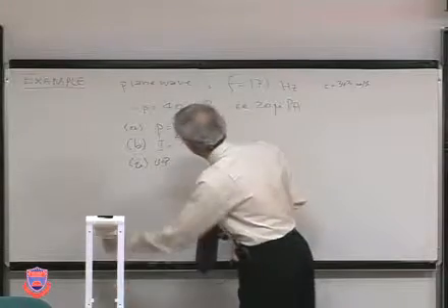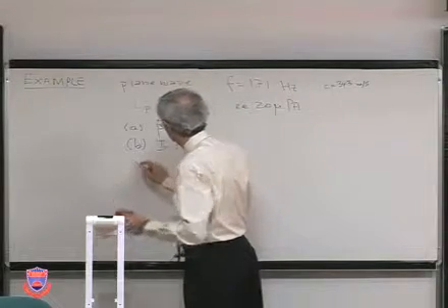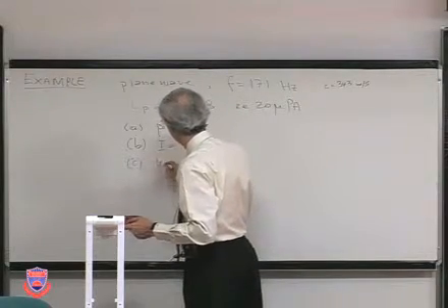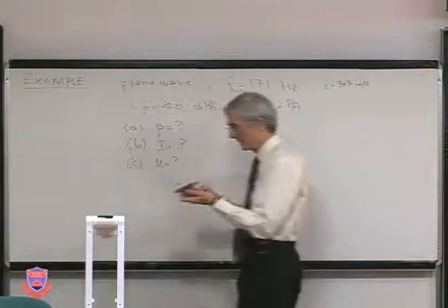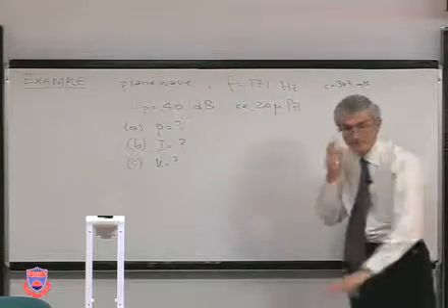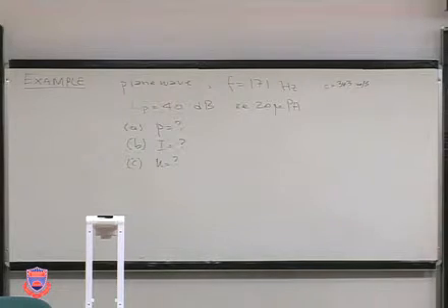A is pressure, B is intensity and C is the particle velocity. This is the simplest possible problem. Can't be simpler than this. Just to set the reference frame.